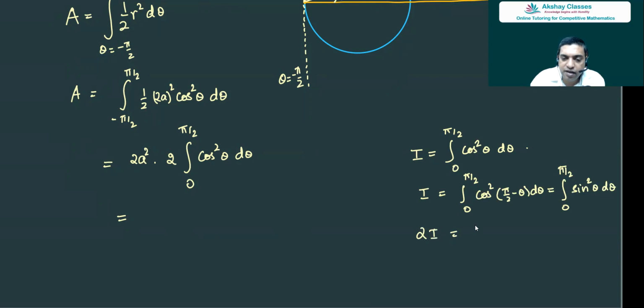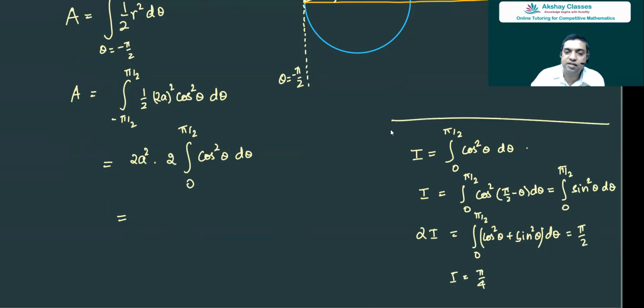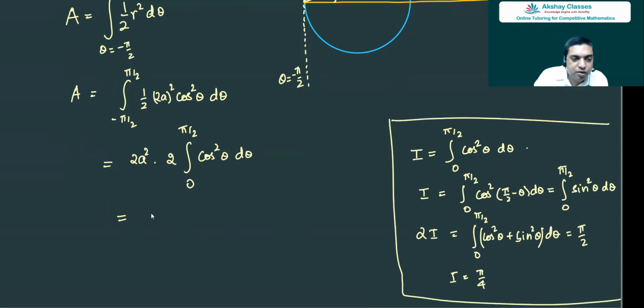I plus I is 0 to pi by 2 cos square theta plus sine square theta d theta, adding the two integrals. Integral 1 d theta, so that is pi by 2. So I is equal to pi by 4. This is a standard integral. So you get 4a square into pi by 4, which is pi a square.